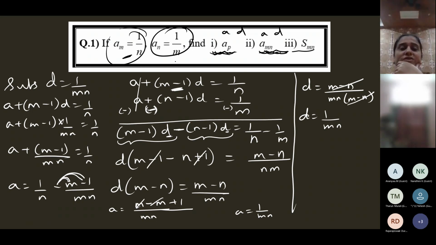From this, we got one equation, from this another equation. We have just solved the two equations and got the expressions for A and D. Now we'll answer these questions: the pth term, the mnth term, and the sum to mn terms.